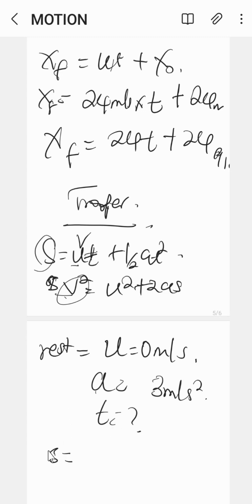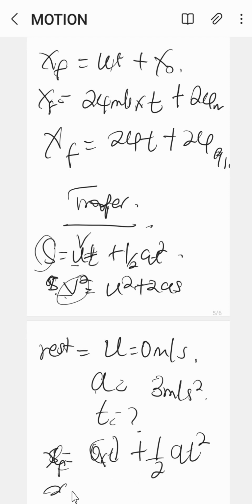So we continue. Let me write x is equal to distance final minus initial. Our initial is 0 because the trooper was not moving, so we only have our final there. Our initial is 0, so 0 multiplied by t gives you just 0, and you only remain with half a t squared. So final is equal to half, and our a is 3 meters per second squared, multiplied by t squared.